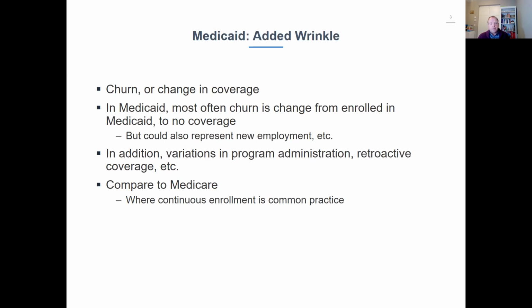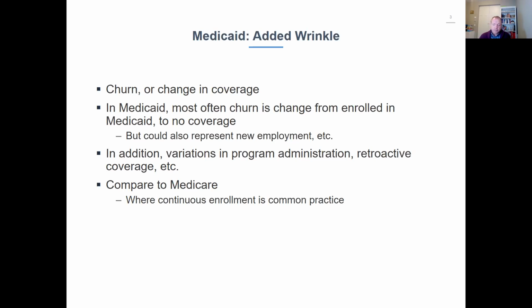So in addition, the variations in program administration and retroactive coverage add additional complexity in how we understand the censoring that happens as a result of people dropping out of our enrollment data. And if you want to compare this to Medicare, or to a much lesser degree to private, employer-sponsored insurance, we use Medicare.